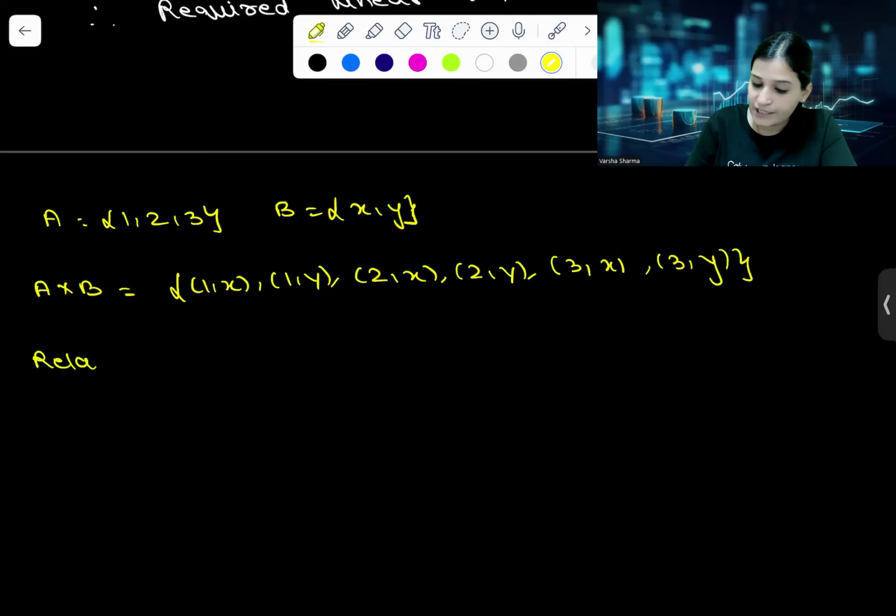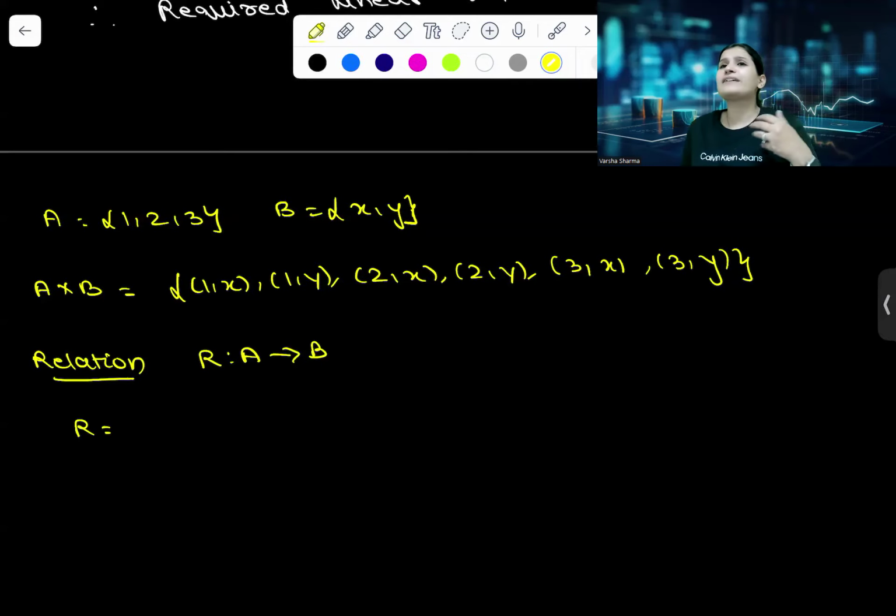Then when we went to relation, if R is from A to B, then in case of R, if I give you an equation, then form the pairs according to the equation. Otherwise, whatever pair I want to form, it's on me.